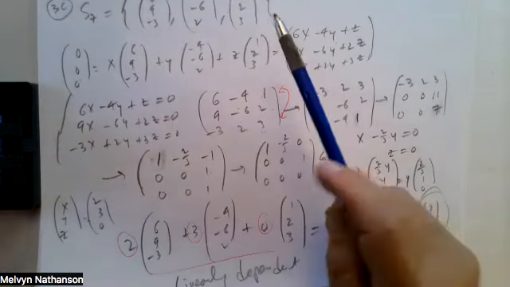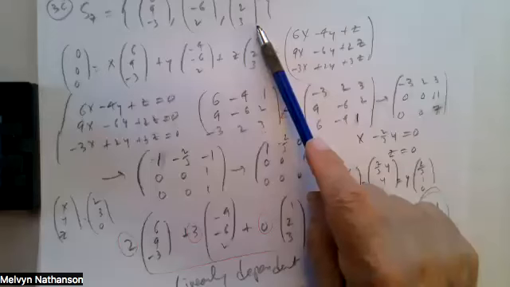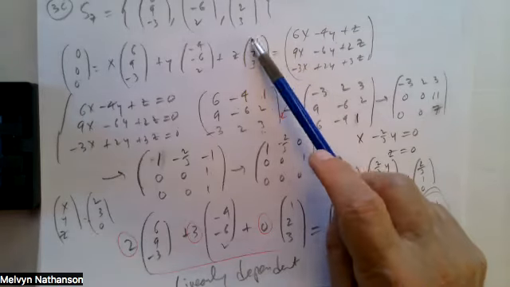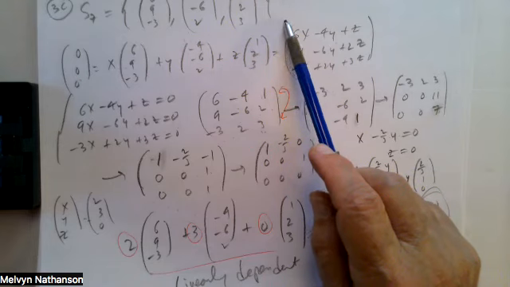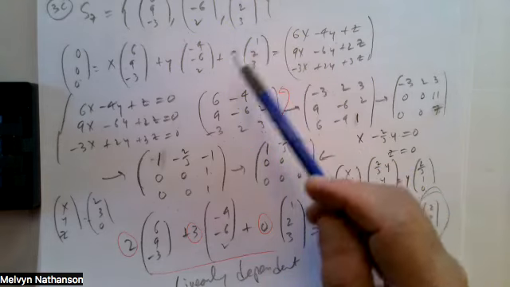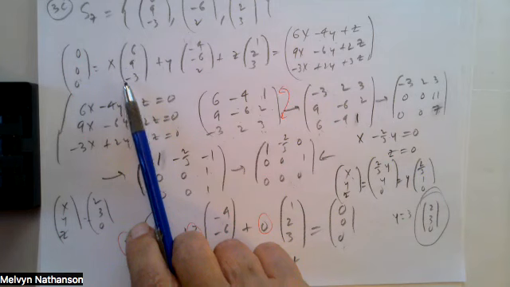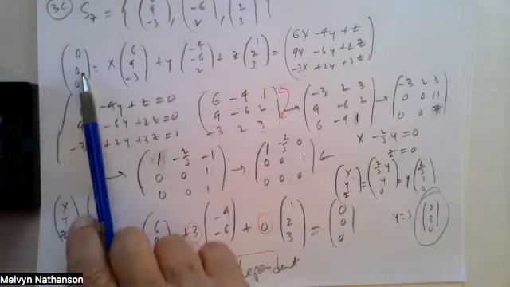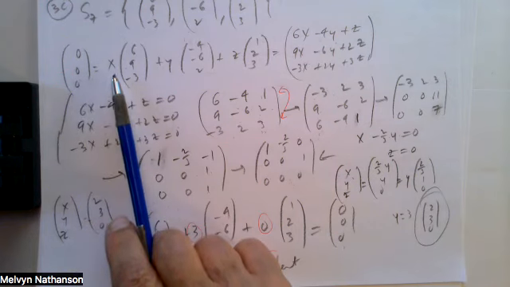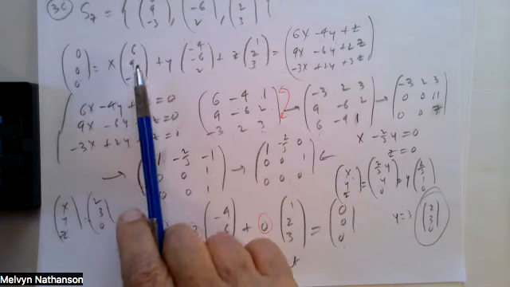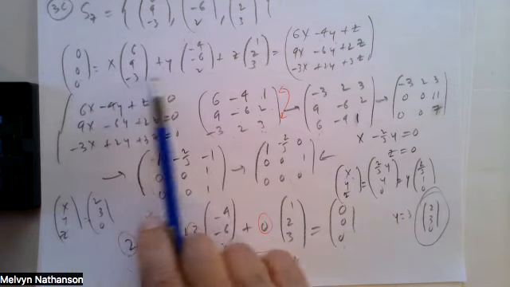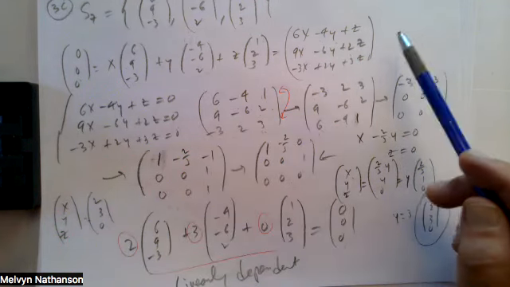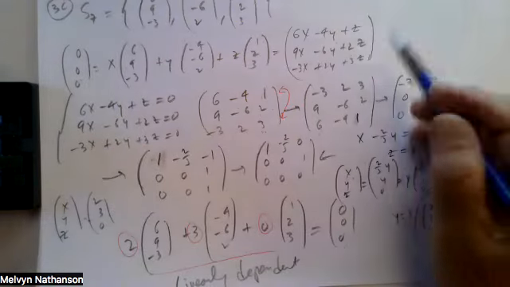Again, I started with these 3 vectors. And I asked the question, are these vectors linearly independent or not? So I want to know what linear combination of those 3 vectors would give the 0 vector. So what x, y, and z will solve this vector equation, which is the same as this equalling the 0 vector?